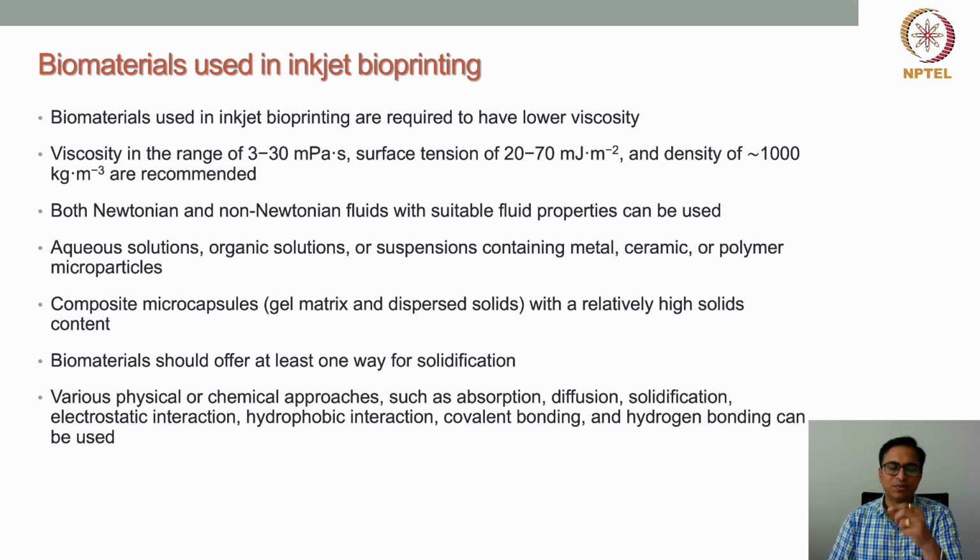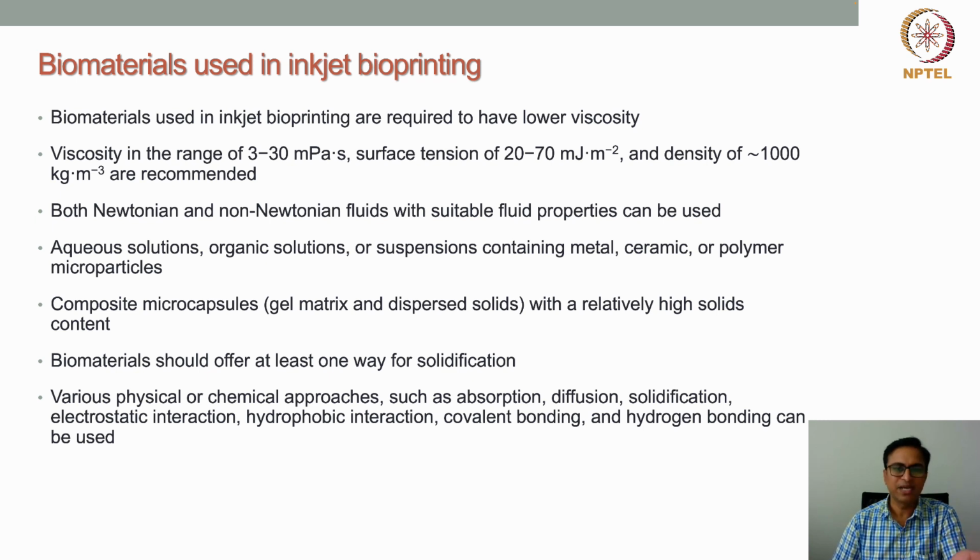As you must have seen, inkjet printing technology is nothing but the generation of droplets and then delivering them to the substrate or printing stage. So here, for generating droplets, the biomaterials should have a certain level of viscosity.